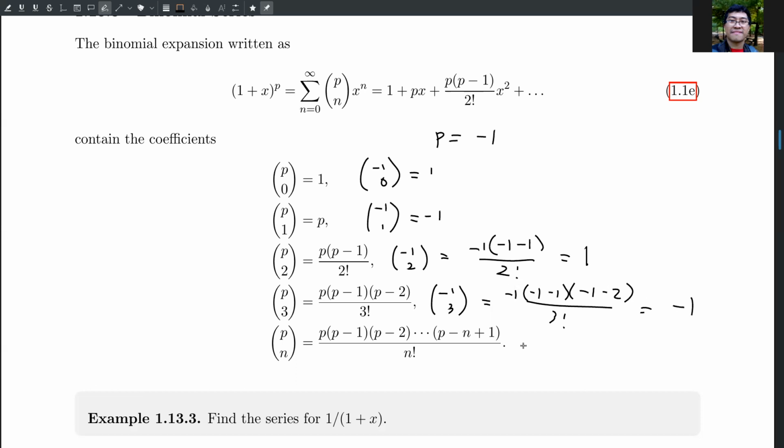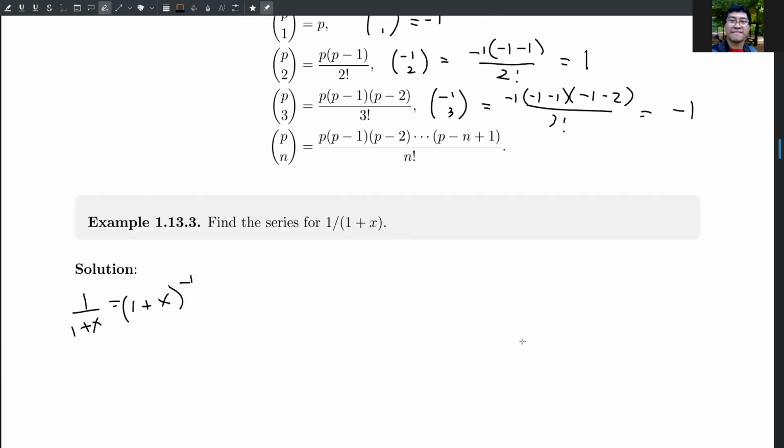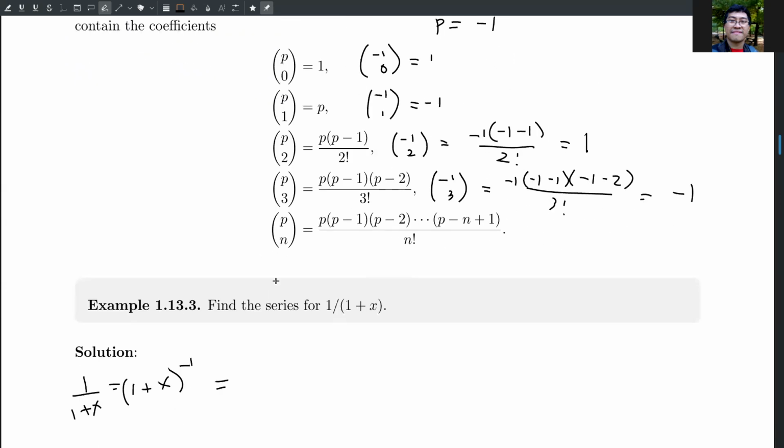Generally, we can write this as 1 times x to the power of 0, plus negative 1 times x to the power of 1, plus 1 times x to the power of 2, plus negative 1 times x to the power of 3, and so on.